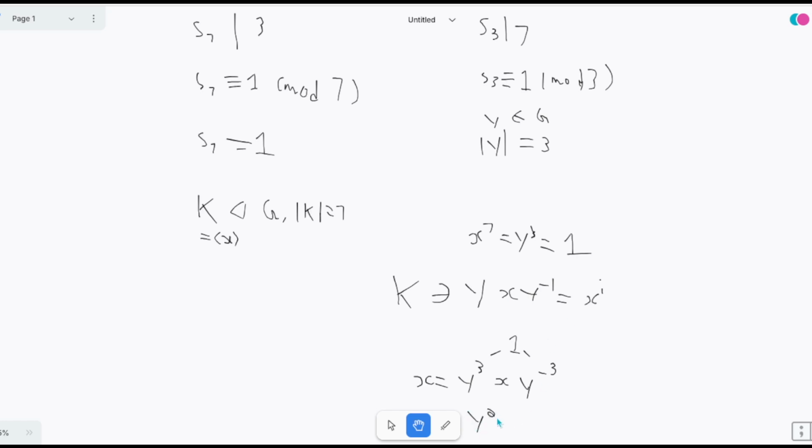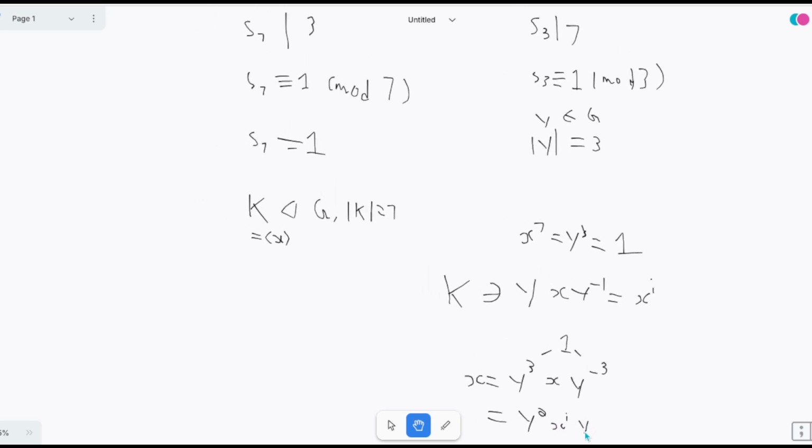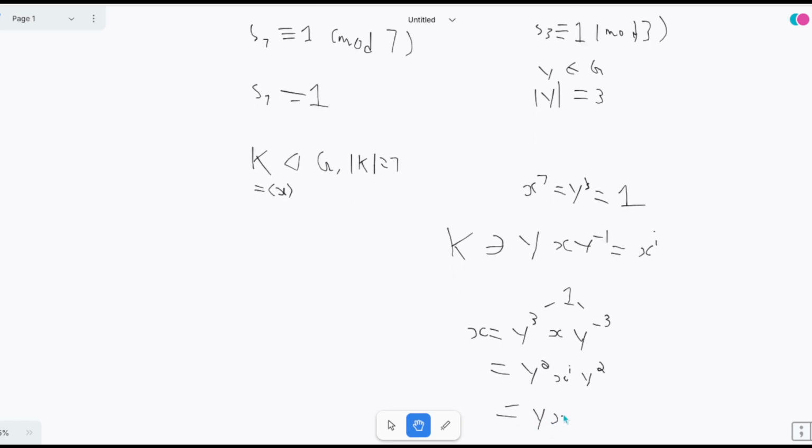That's y squared x to the i, y squared, now applying it i times, that's y x to the i squared y, and applying it i squared times, that's x to the i cubed.